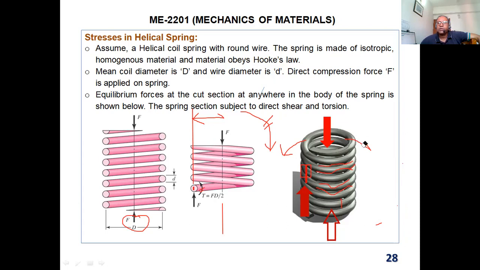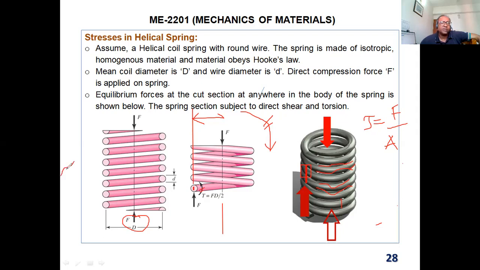If we try to figure out the stress in the wire at that location, we have two types of load working there. Number one, direct shear F, which is working parallel to the cross section. For direct shear, the shear stress is F divided by the area of the wire. The other thing is the torque.